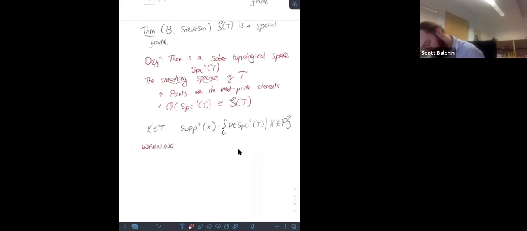And I just want to highlight a warning, which I guess isn't a surprise in hindsight at all, but the topology is not generated by supports of compact objects.